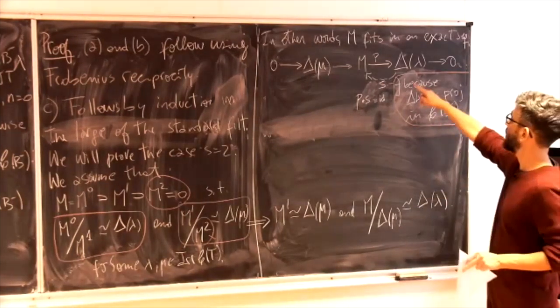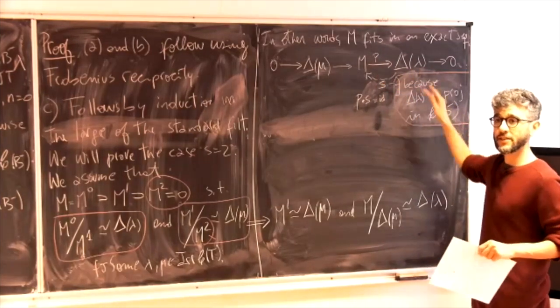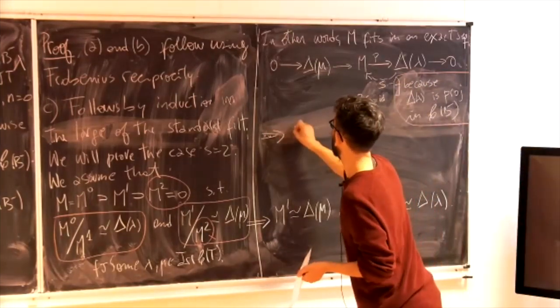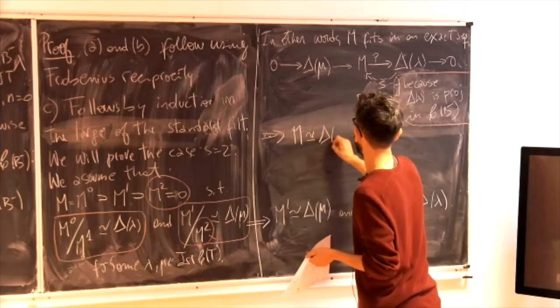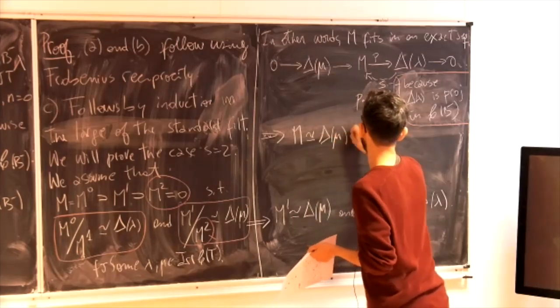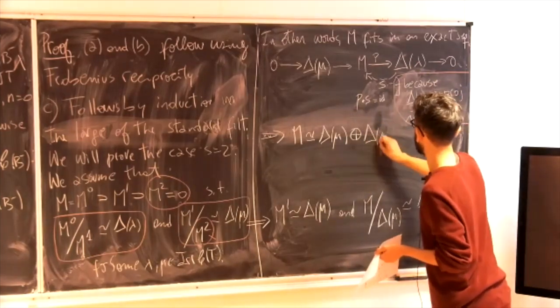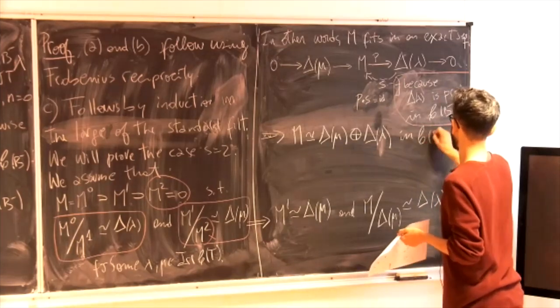And to have a section of this projection in an exact sequence implies that M is isomorphic to delta mu direct sum delta lambda in the category of B-minus modules.